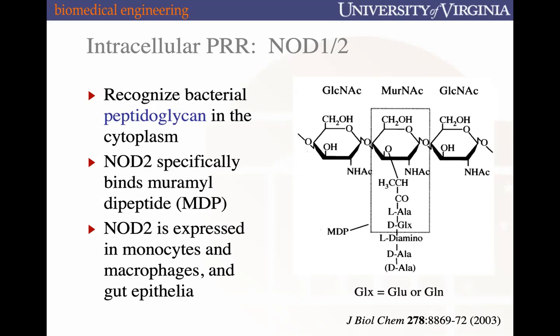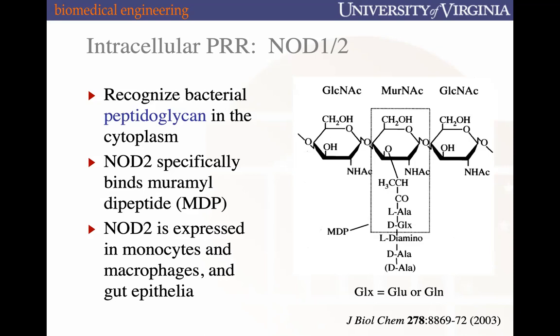And we should not have peptidoglycan inside our cytoplasm. NOD2 specifically binds to an element of a segment of peptidoglycan that's called muramyl dipeptide. It's called muramyl dipeptide because it has muramic acid up here with two amino acids down here.